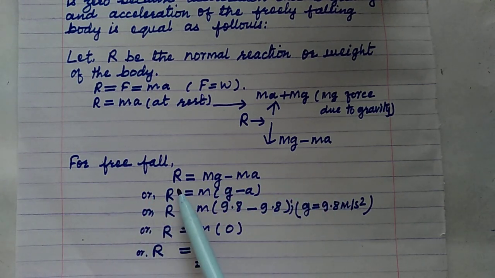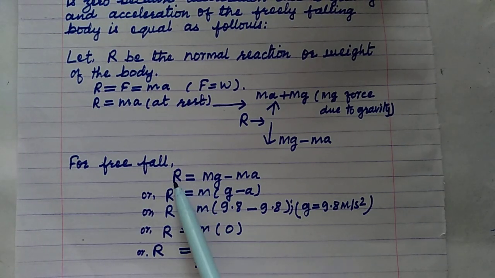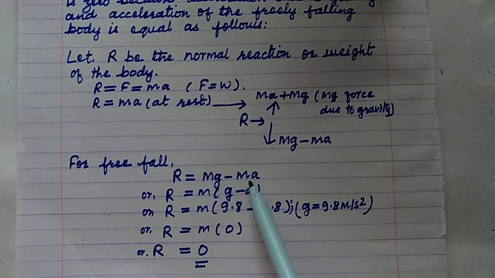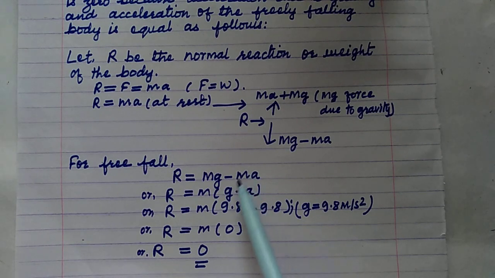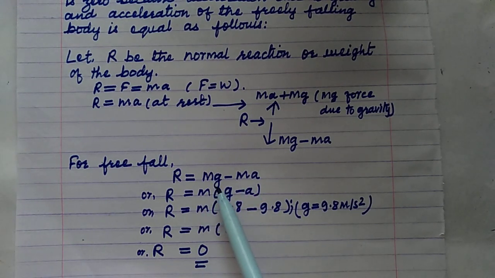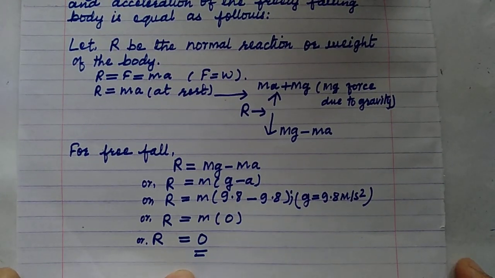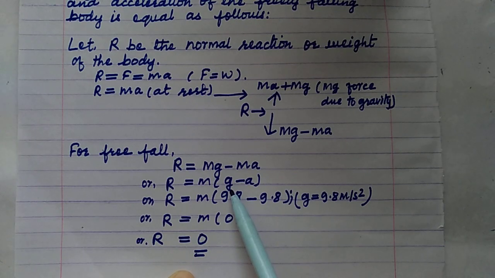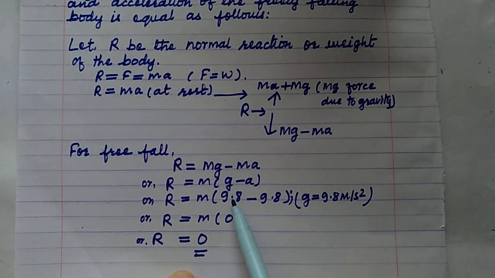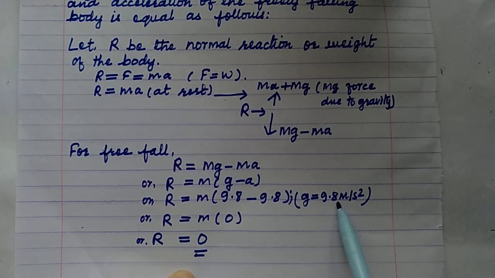For free fall condition, the normal reaction, which is simply the weight of the body at that particular condition, is mg minus ma. This is force due to gravity, this is force due to weight of the body, right? So here m is common, you can take this out as common, then g minus a. Now here g is acceleration due to gravity and its value is 9.8 meter per second square.